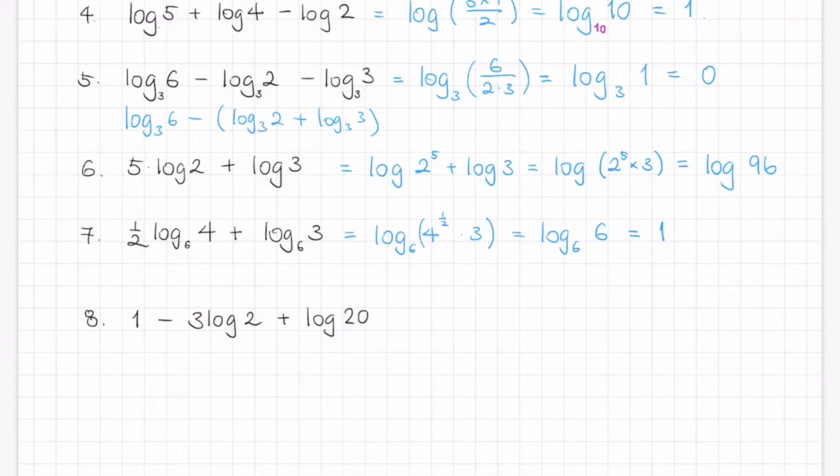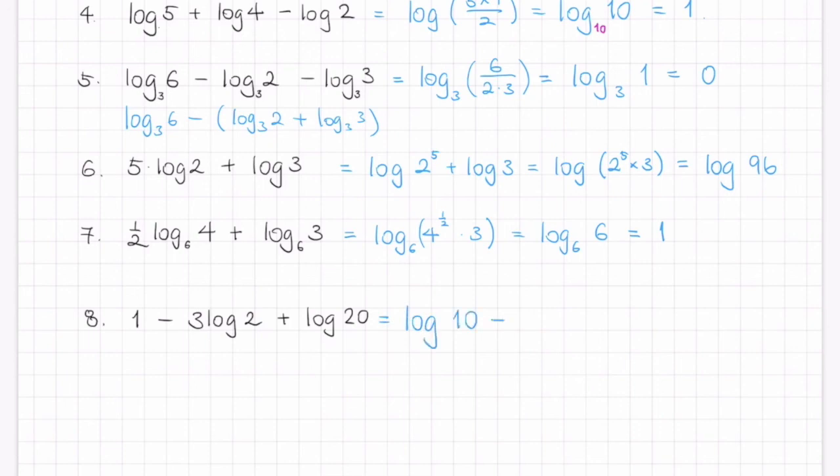All right, so having said that, there is a 1 there, which doesn't fit with the rest. So what I'm going to do is similar to what we figured out up here on number 4. 1 can be written as log base 10 of 10 or log base b of b or anything like that. In this case, the rest of them are log base 10s, so I'm going to write 1 as log base 10 of 10.